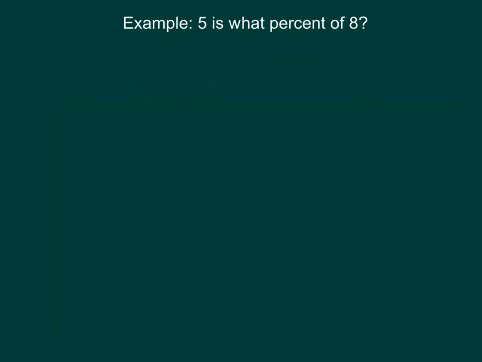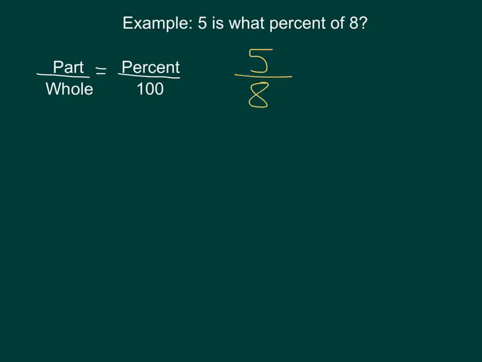So now we start to get a little trickier. This example asks us, 5 is what percent of 8? Well, using my percent proportion, I know that the part over the whole is the same as the percent over 100. In this case, my part is 5, my whole is 8. My percent is what I'm trying to find, but I know it'll be over 100.